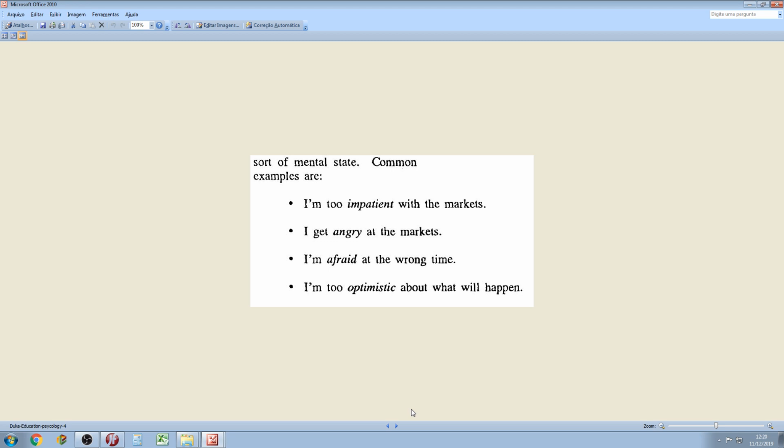Let's write this down. I must monitor my thoughts during the trade. Number 2, I must monitor my thoughts during the trade. Why is that?